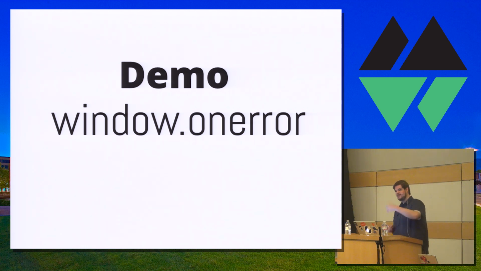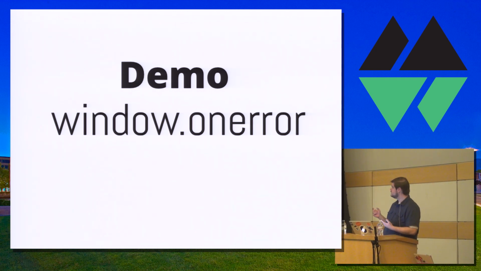As was alluded to in the previous talk, the simplest way to capture errors is just by attaching to window.onerror. If a browser catches an error from your code and doesn't know what else to do with it, it tries to pass it to this function. But every browser has a different shape of what an error looks like, and a little bit different behavior of what window.onerror does. So let's take a look at that.